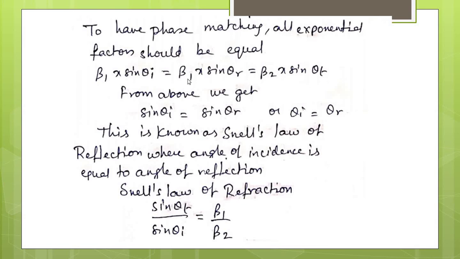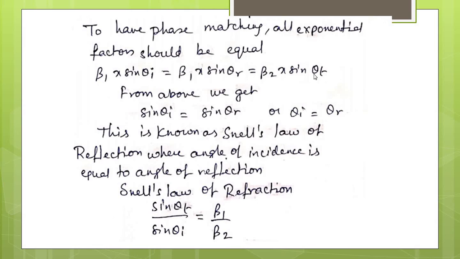So if you equate the first and the second terms, you can cancel x and beta 1. So sin theta I is equal to sin theta r, or theta I is equal to theta r. This is known as Snell's law of reflection, where the angle of incidence is equal to the angle of reflection.